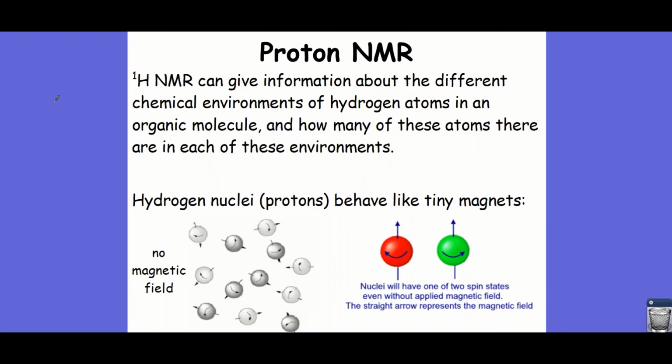So hydrogen nuclei we know are basically just protons, and similar to electrons, they have a spin. They can spin in one of two ways, as shown by this diagram on the right here. If you have a look at the arrow going through, that just represents a magnetic field. And when there's no magnetic field applied, those little protons will just spin about in all sorts of directions.